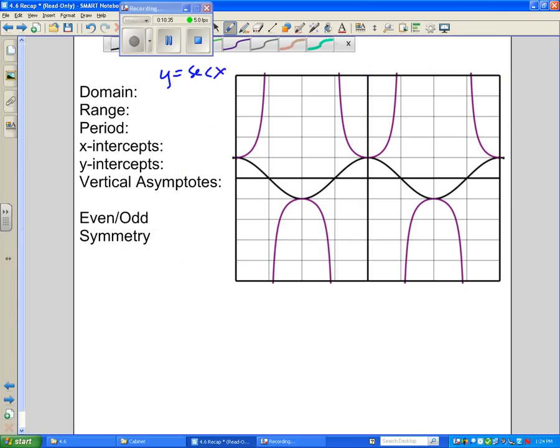Secant goes with cosine. Cosine starts and stops on its amplitude, and the asymptotes occur where cosine crosses its oscillating axis, which in this case is the x-axis.